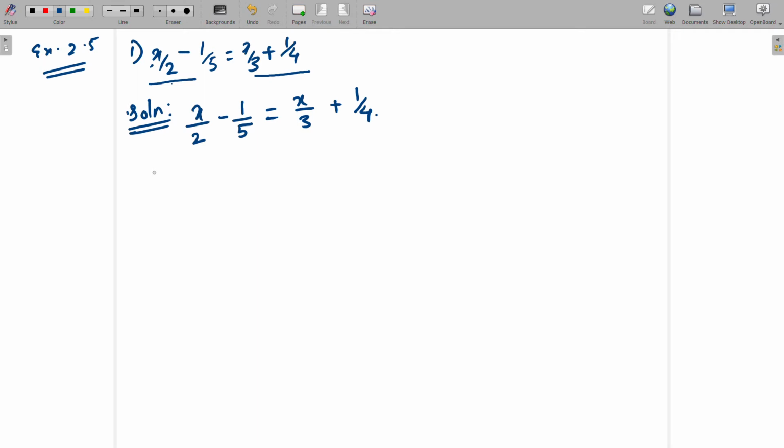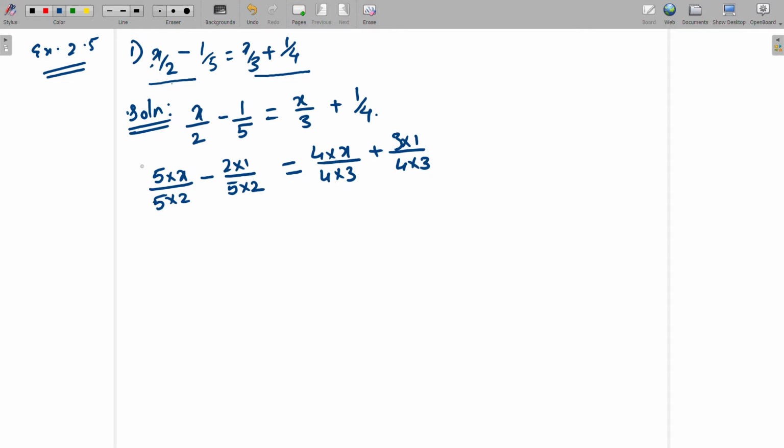So I can multiply this as 5 into x divided by 5 into 2 minus 2 into 1 divided by 5 into 2. Same way, 4 into x divided by 4 into 3 plus 3 into 1 divided by 4 into 3.